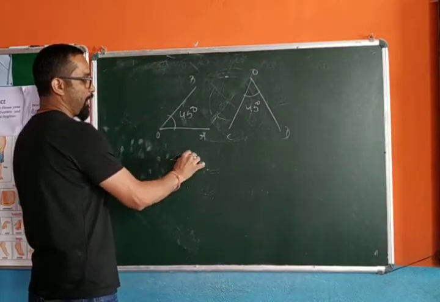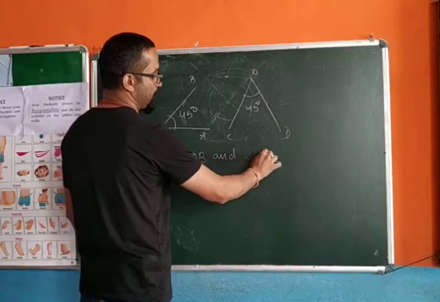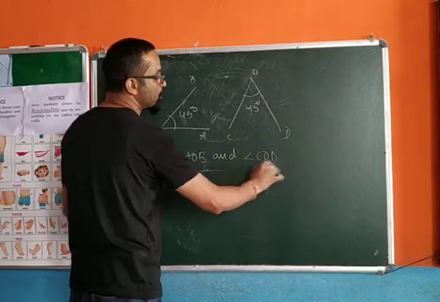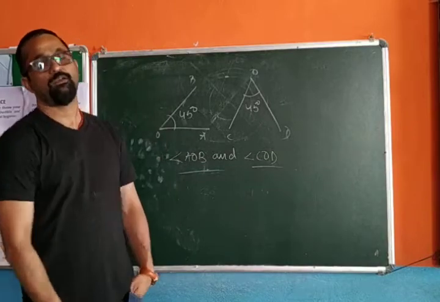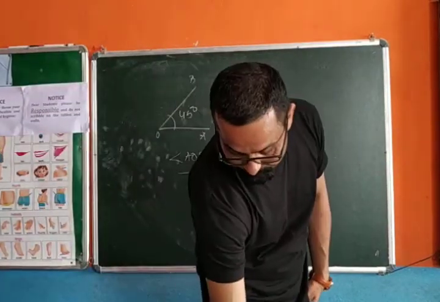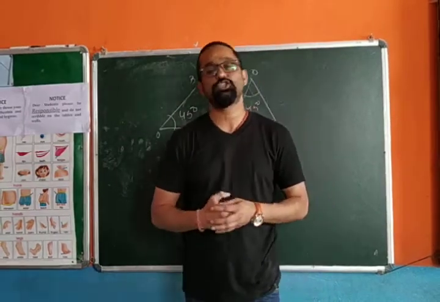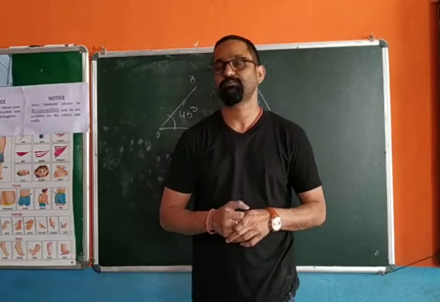Angle AOB and angle COD are congruent angles, means these two angles are equal. So these are simple terms you need to remember from angle.